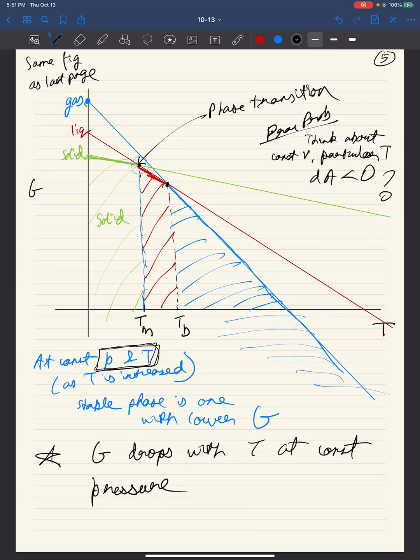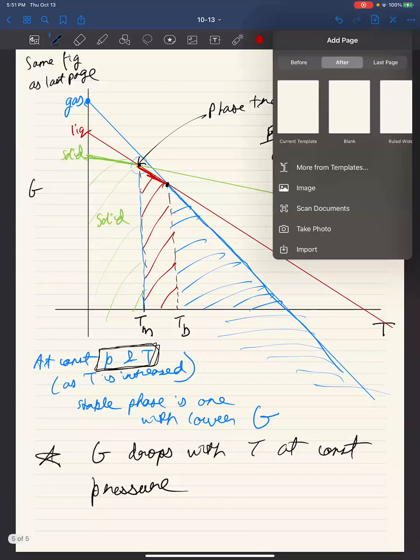Okay, so let's think about now what happens to the stable phase when pressure is increased, keeping temperature constant.